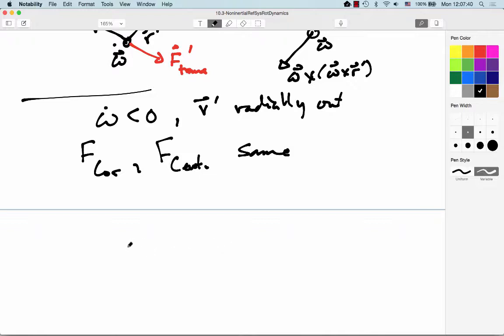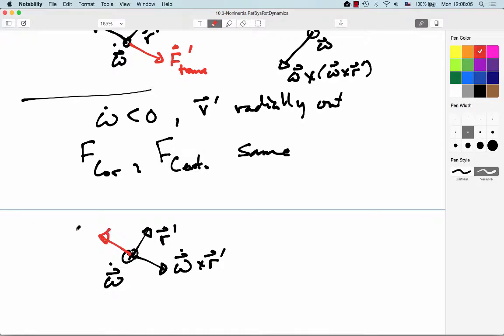So omega dot will be pointing the opposite way of omega, so it's going into the page. There's my r prime. So now omega dot cross r prime is pointing like that.